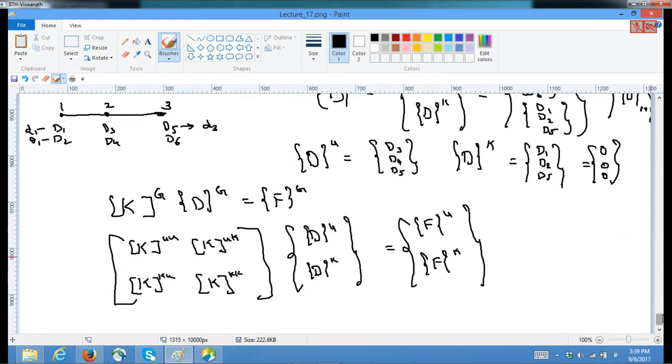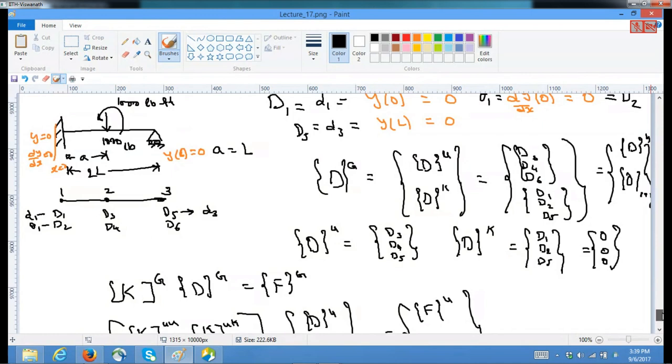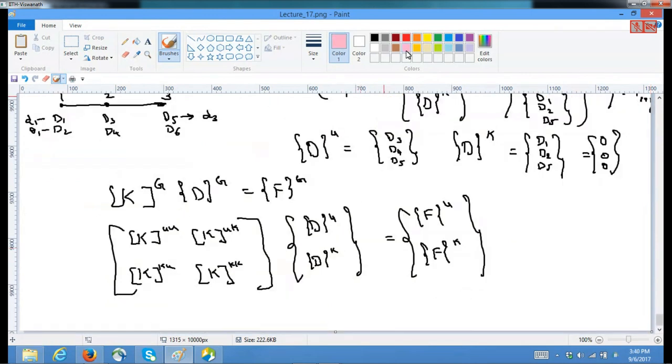So now let us look at this. Since this dk is a 0 vector, 3 cross 1, fortunately this into this is 0, this into this is 0.